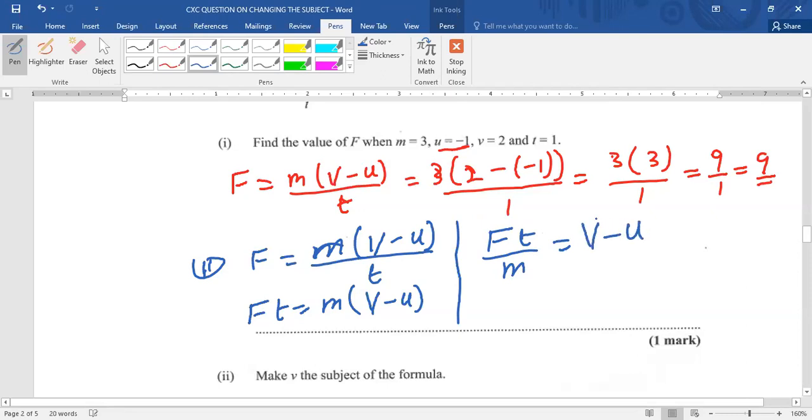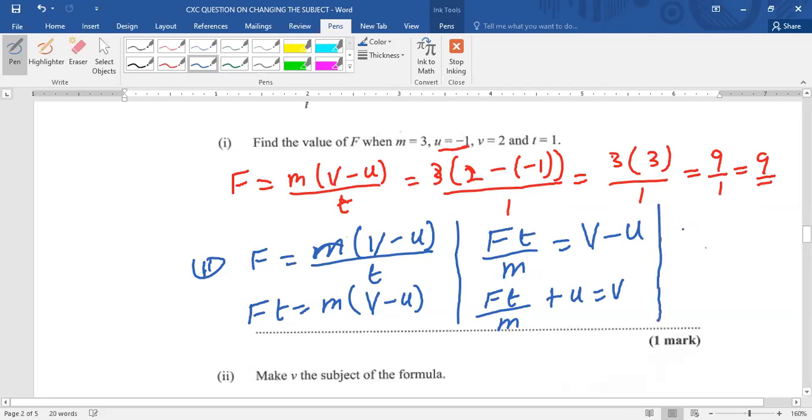And I still want to make V the subject, so I have to get rid of the negative U now. This U here is negative. When it goes over to the other side, it becomes positive. So we are going to write FT over M plus U is equal to V. To the left, if it's to the left, you don't change it, everything remains the same.